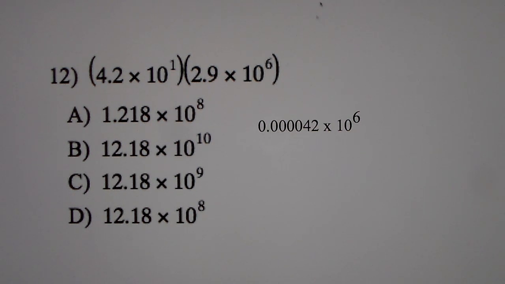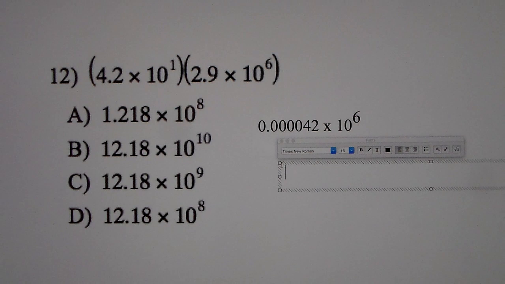So this number is going to turn into 1.218 times 10 to the negative 4. And then it's also times our original 10 to the positive 6 that we had before.